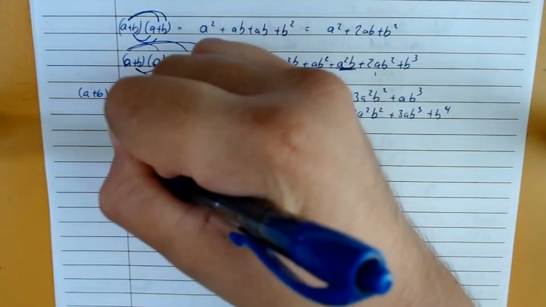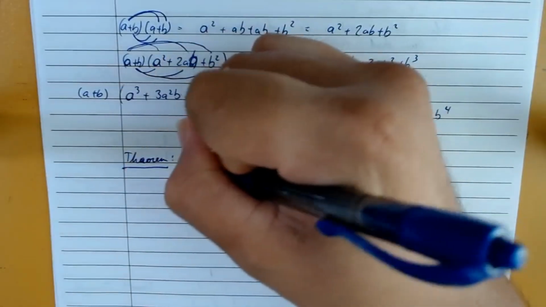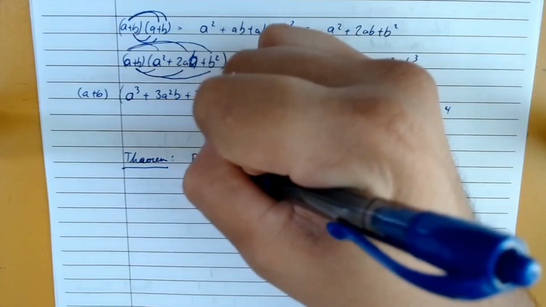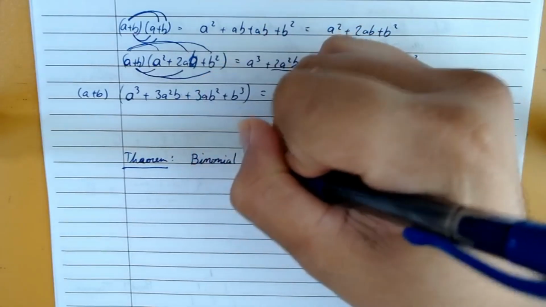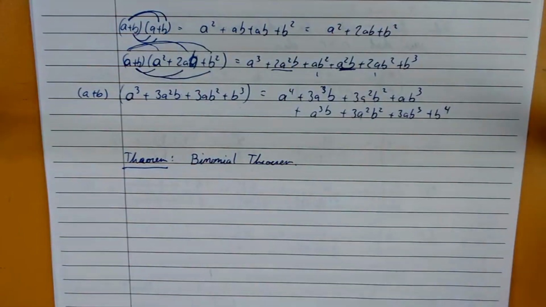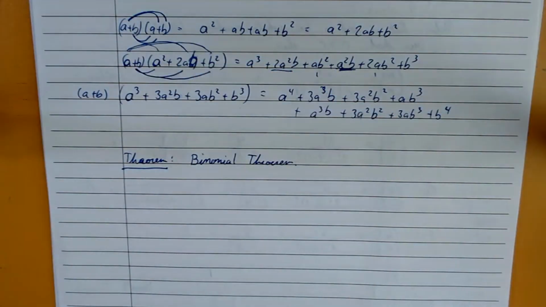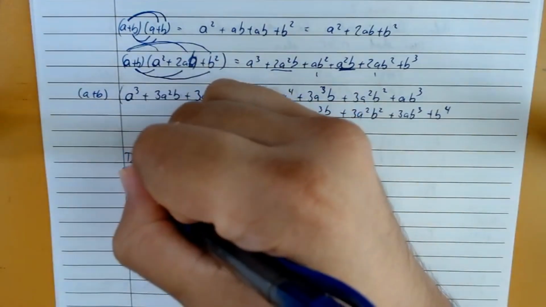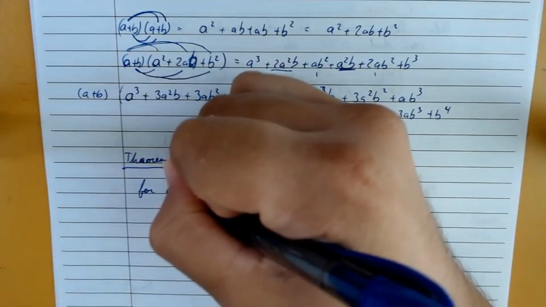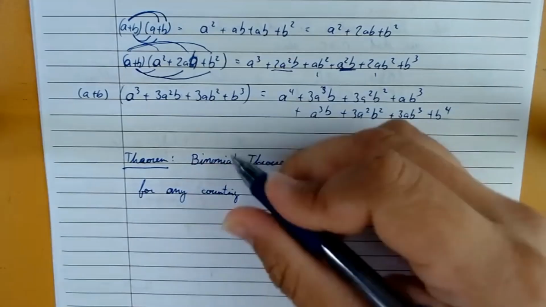Theorem. The binomial theorem states that for any positive integer, let's say counting number n, now 1, 2, 3, 4, 5.